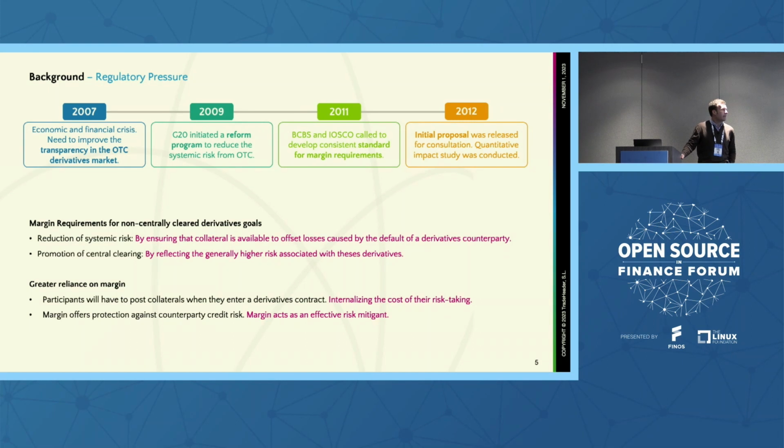And depending on the thresholds that financial institutions have in terms of volumes, they are required to report the methods that they are using for calculation of initial margin. And in some cases, they are required to use a special set of calculation methods for that. Okay, so we have this environment of increased regulatory pressure.